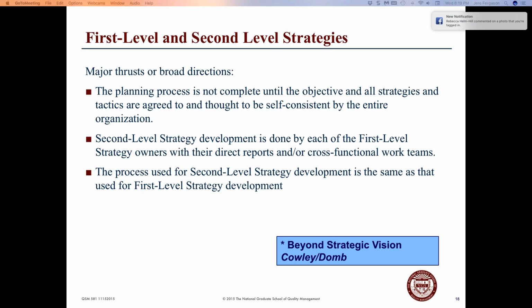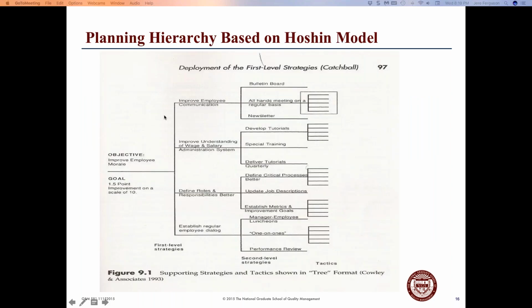Second level strategy development is done by each of the first level strategic owners with their direct reports and cross-functional work teams. So we determine who, and that's where you were talking earlier about how your company was identifying who is responsible for certain areas. We assign who specifically is responsible for these level 2.